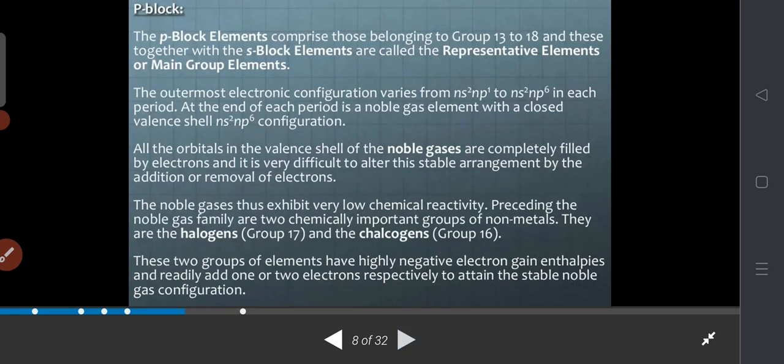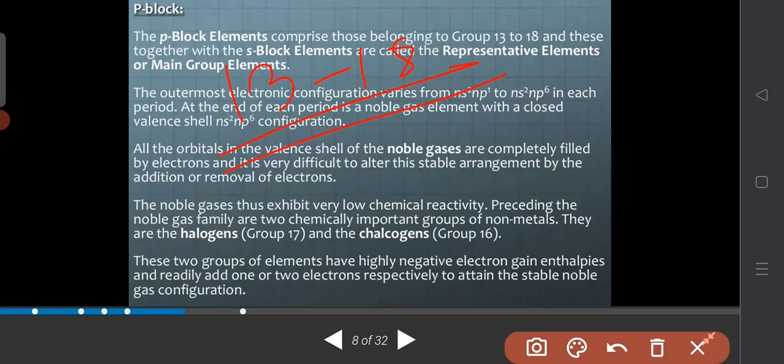Okay. So this is the reason, and in case of p block elements, group 13 to 18, all are p block elements, because in the p shell maximum 6 electrons can be present. Any kind of p shell, 2p, 3p, 4p, will have a maximum of 6 electrons.